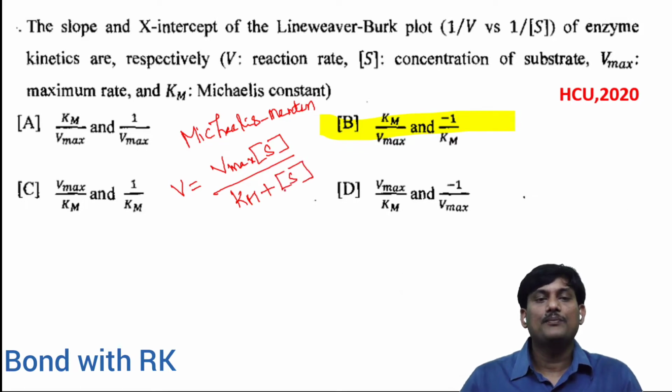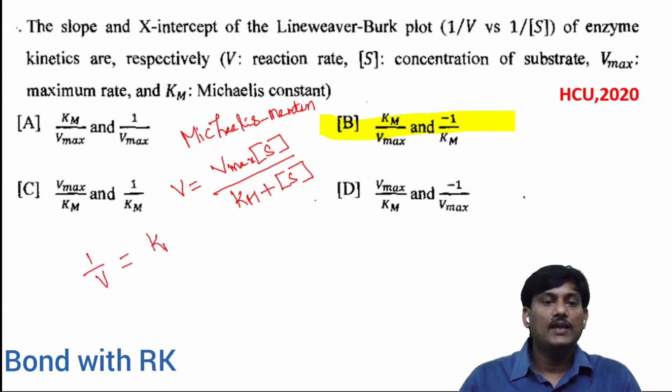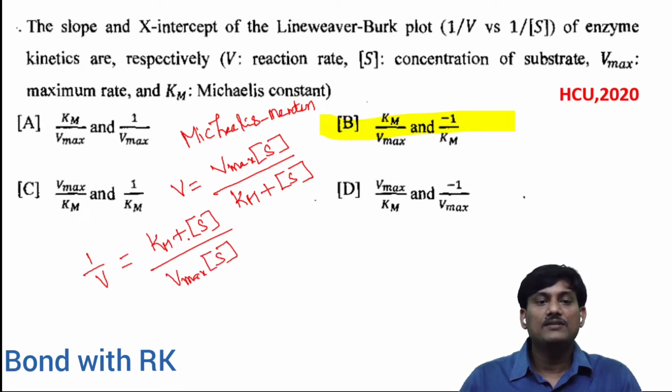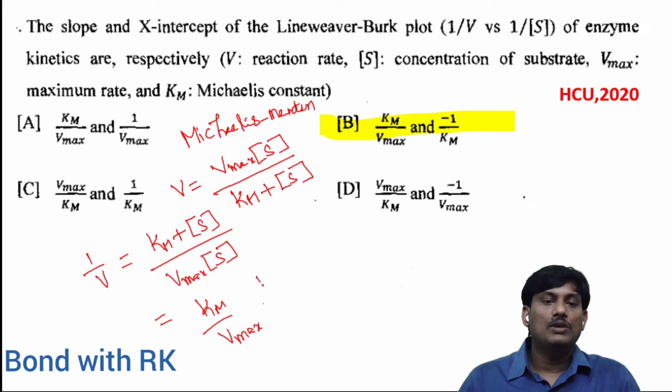When you rearrange this equation, 1 by V will be equal to Km plus concentration of S divided by V max concentration of S. When you expand this equation, you will get Km by V max into 1 by concentration of S plus, there is a cancellation of the S term, so you will get 1 by V max.